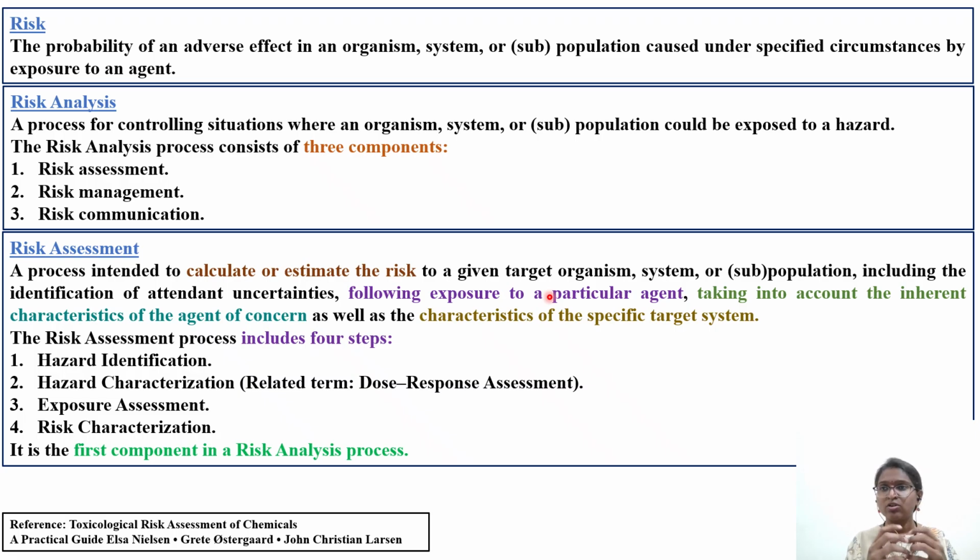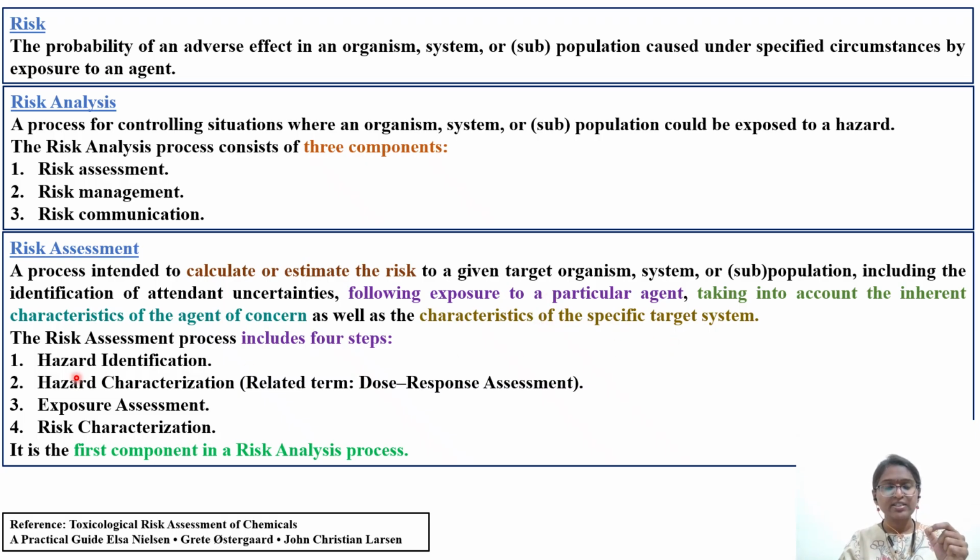A volcanic eruption in Lake Nyos caused the dense carbon dioxide to rise above the layers, and the entire village was under a bed of carbon dioxide. In that area cattle, children, females, and plants were all exposed. So we need to consider the characteristics of the specific target system.